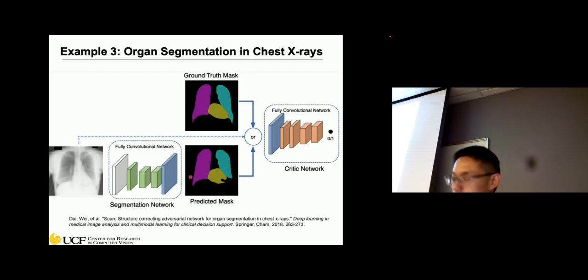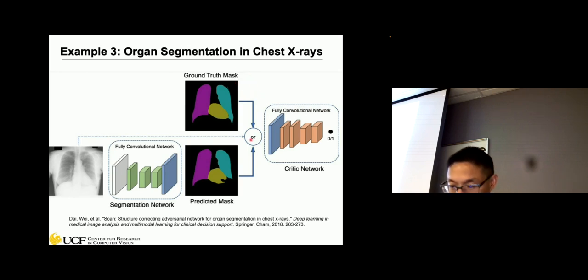Okay, in all the previous examples we mentioned, the generator was trying to generate some images, right? But in this case, we can ask the generator to generate a segmentation mask, and then we can compare with the ground truth. So we can say this is the fake image and this is the real image.